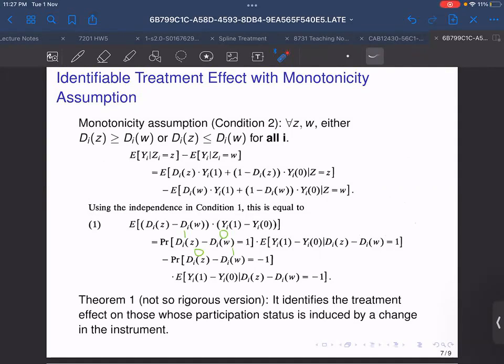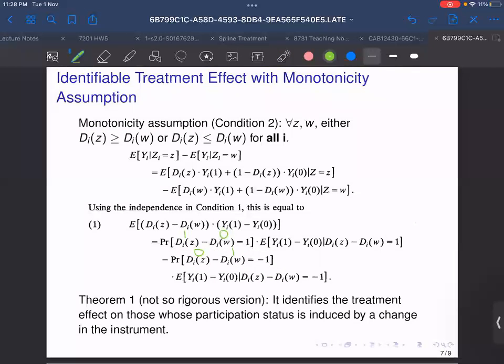Because if for individual j, diz minus diw is 1, then for every single individual, diz minus diw cannot be -1. Because if that happens, it violates this monotonicity assumption.